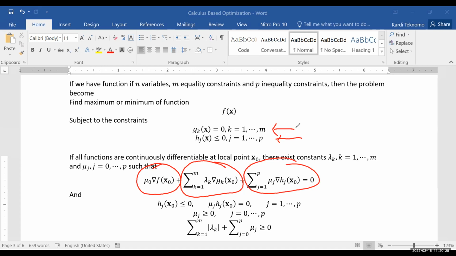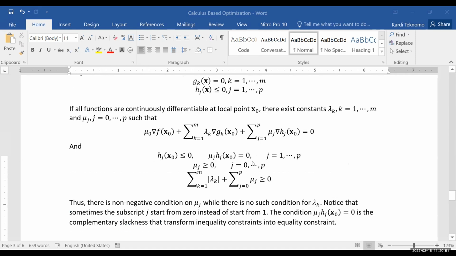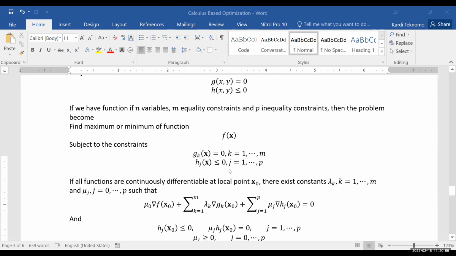Then you need to have an additional constraint for that. So this is the additional constraint that you need to put there. Anyway, at least you now know that you can also use Lagrange multiplier for something that is an inequality constraint.